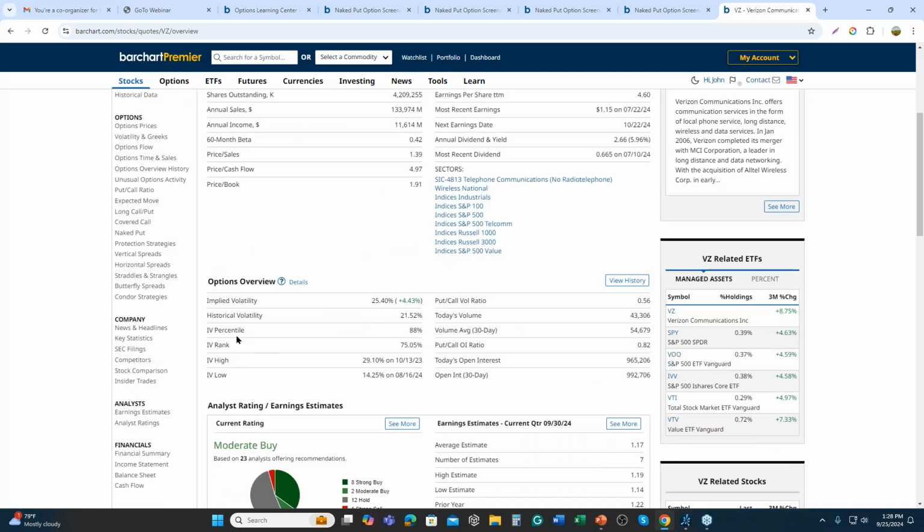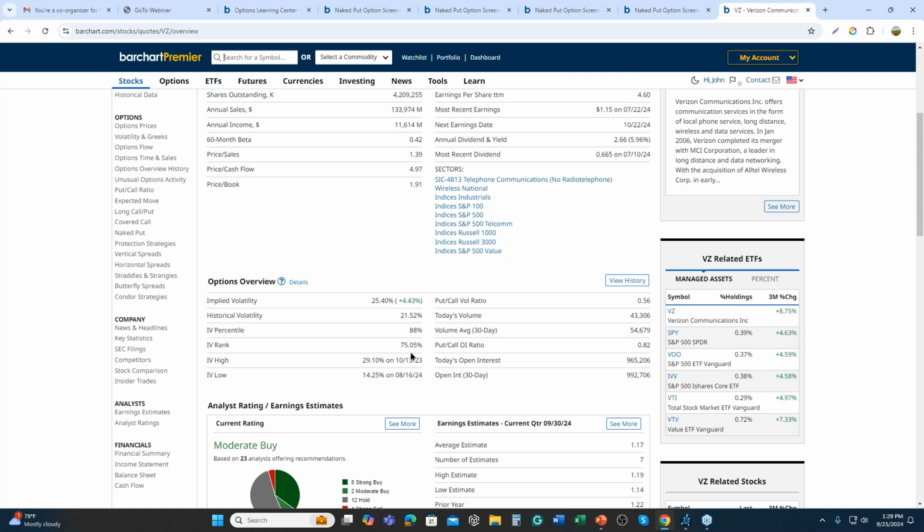And now you can see that our percentage and our rank today for Verizon is at the high end of that range. That is telling you that the puts for Verizon are getting pricey, which would mean it would be a good candidate for selling puts. But the implied volatility is only around 25%.